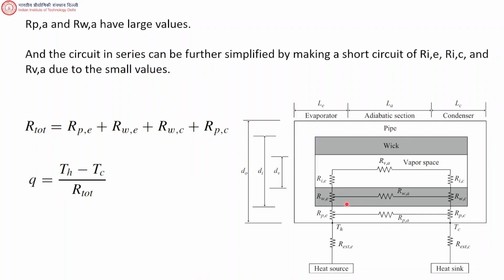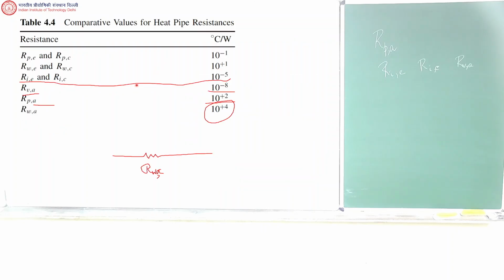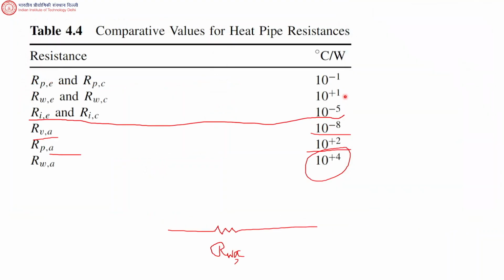Now the other point is that RIE, RIC and RVA. So what are their values? IE and IC are of the order of 10 to the power minus 5, and RVA resistance is of the order of 10 to the power minus 8. So these are actually very small numbers, right?